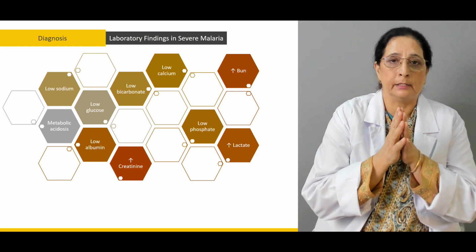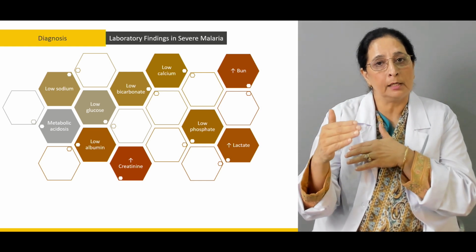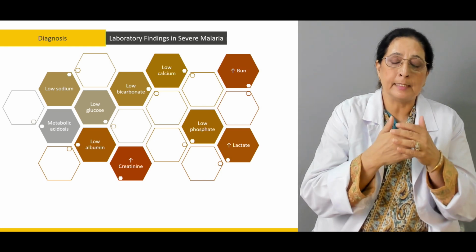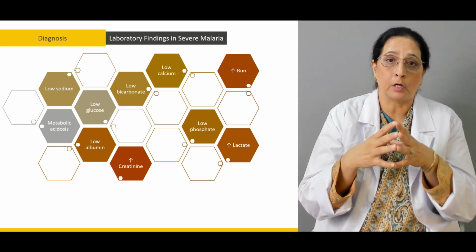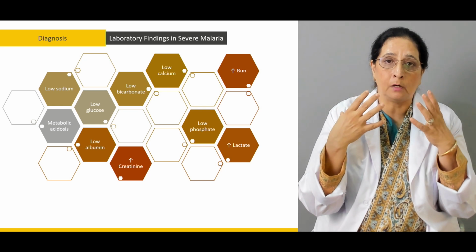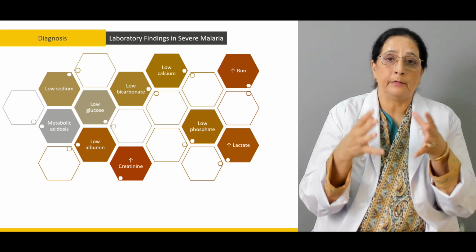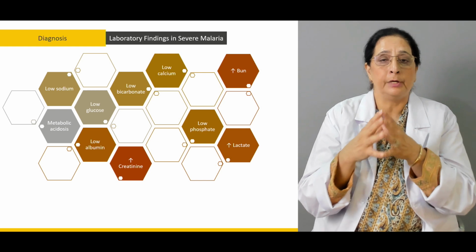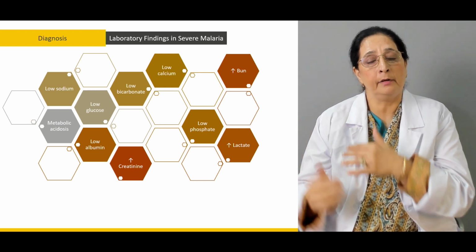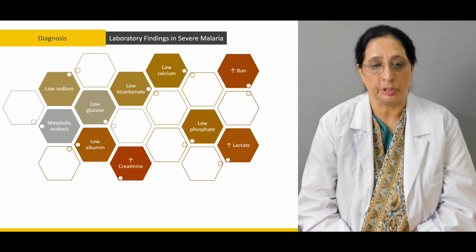This causes an increase in the level of blood urea nitrogen and creatinine, and both are very toxic substances. They can cause toxemia, they can affect the brain, and the patient can be in a very, very serious condition.